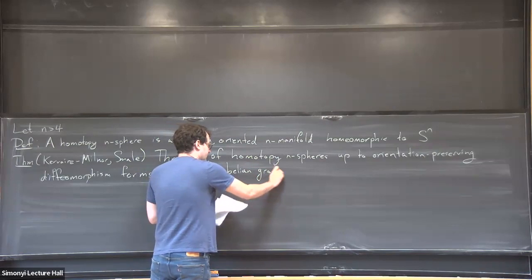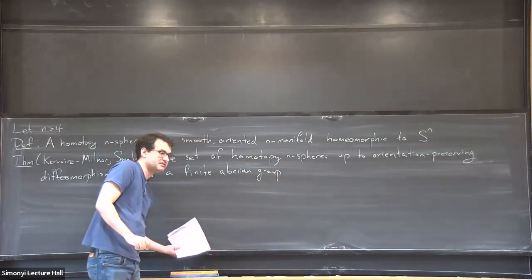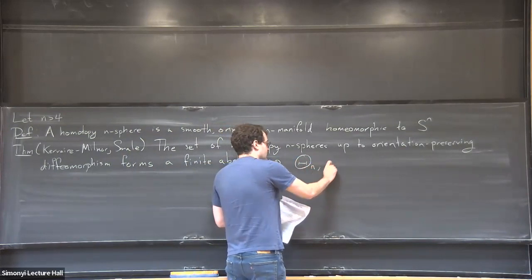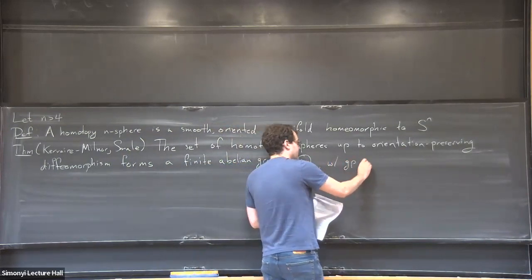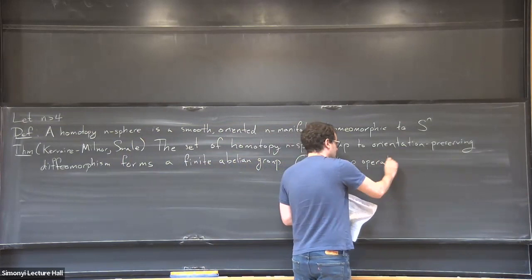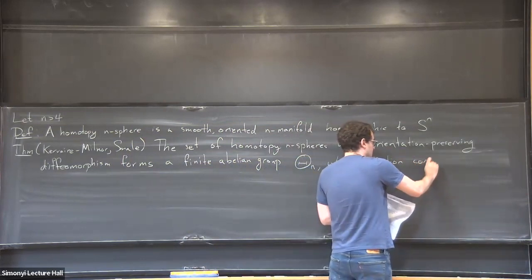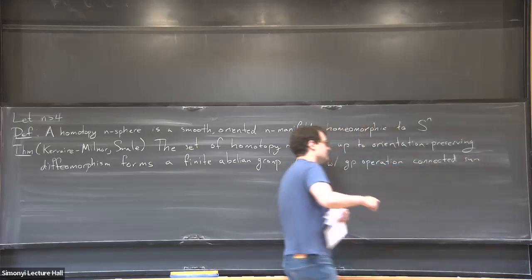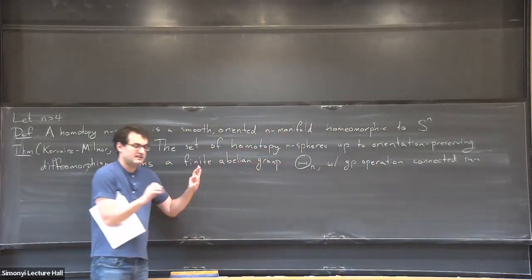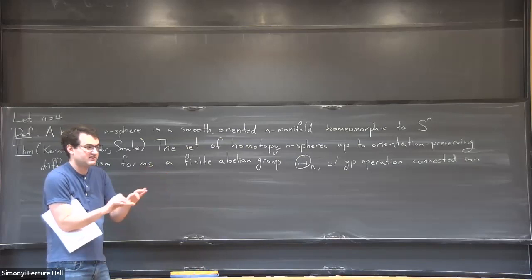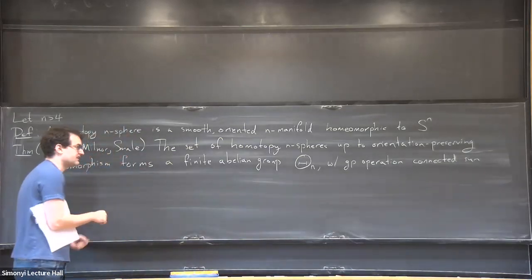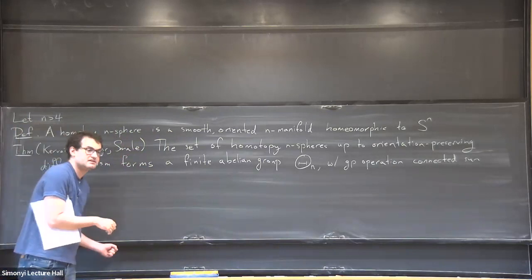There are finitely many homotopy n-spheres up to diffeomorphism, and they form an abelian group, theta n, with group operation given by connected sum. So if I'm given two homotopy spheres, I can cut a little disk out of each of them, glue together the punctured homotopy n-spheres, and get another one.